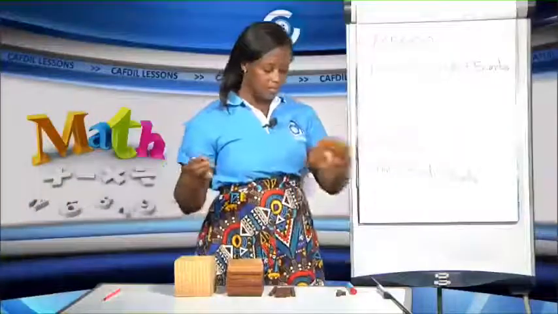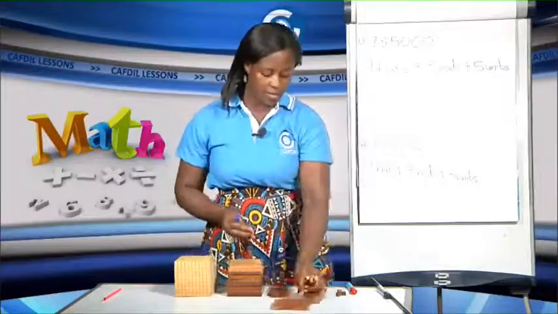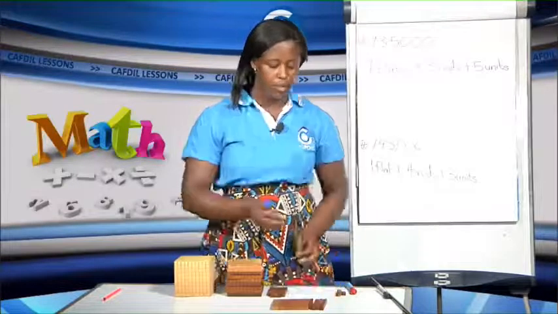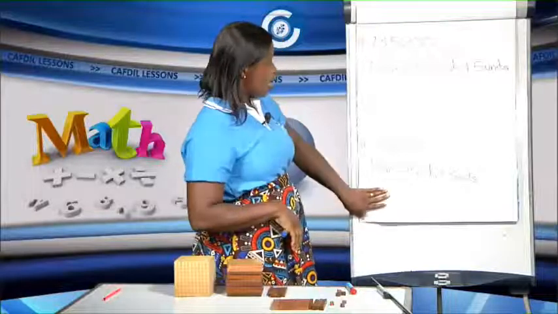So we would have 1 flat, 4 rods, and then 3 units. 143,000. All right.